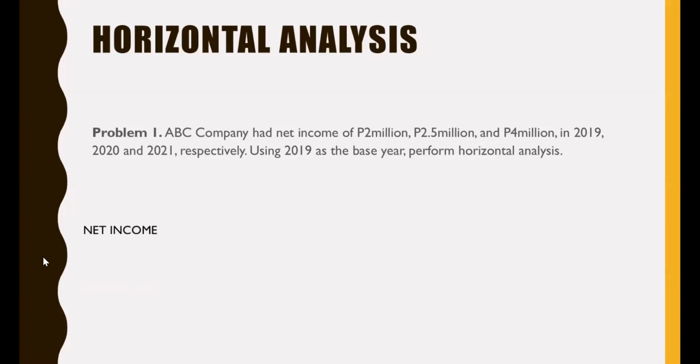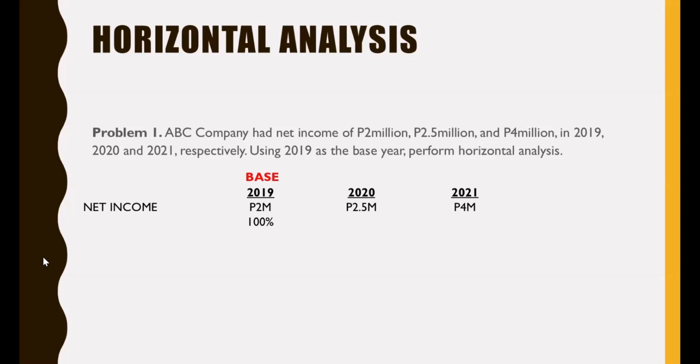Okay, so our net income in 2019 is 2 million, and in 2020 and 2021, 2.5 and 4 million respectively. Since 2019 is our base year, to convert this into a percentage, it will be equal to 100%, because this is our basis.